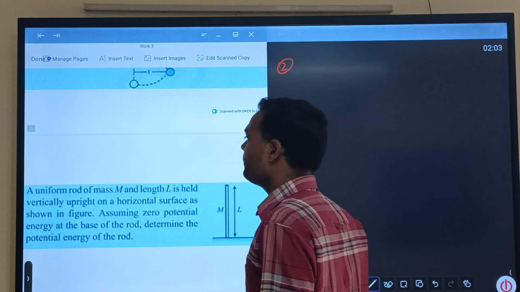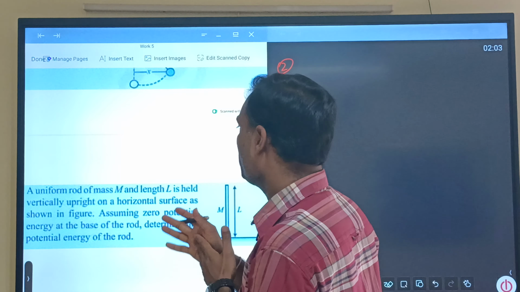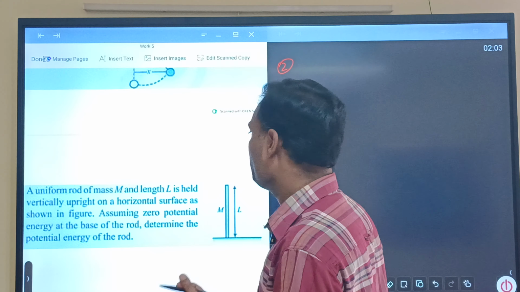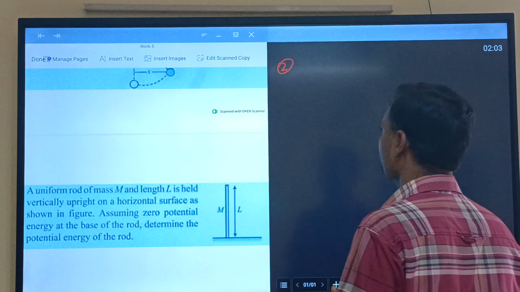A uniform rod of mass m, length L is held vertically upward on a horizontal surface as shown in the figure. Assume zero potential energy at the base of the rod. Determine the potential energy of the rod. Right.